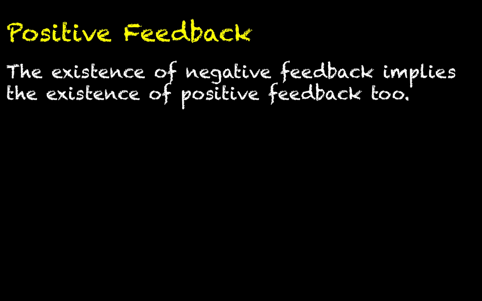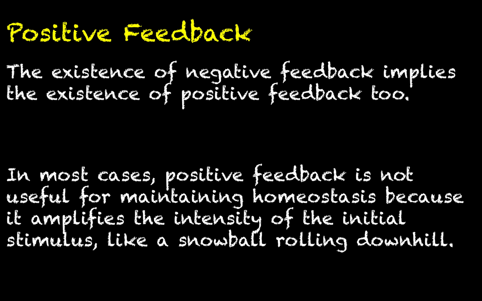Now, of course, if we're going to talk about negative feedback, that obviously implies the existence of positive feedback too. In most cases, positive feedback is not something that would be all that useful to us, because positive feedback amplifies the intensity of the initial stimulus rather than reducing it like negative feedback does.